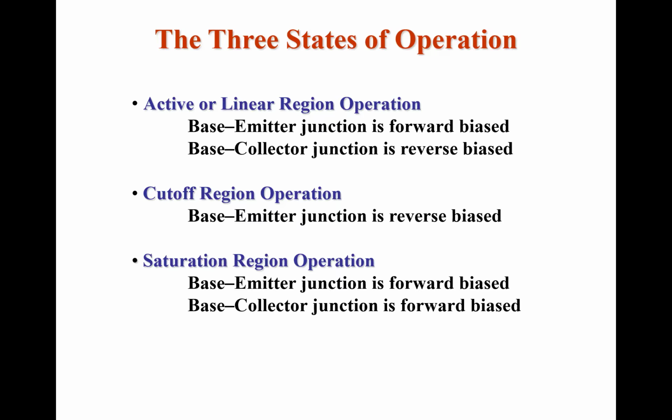In the saturation region, both the input and output junctions are forward biased, which means the base emitter junction is forward biased and the base collector junction is also forward biased. By doing this, we can operate the transistor in different modes of operation: either active mode, cutoff mode, or saturation mode.